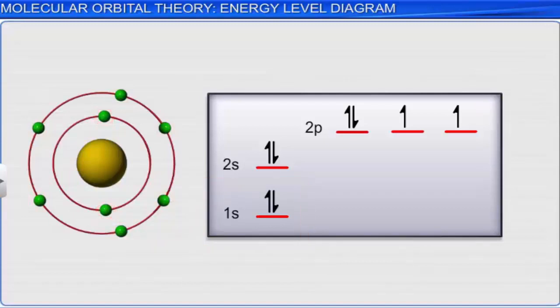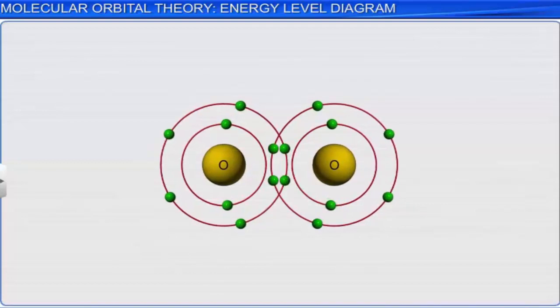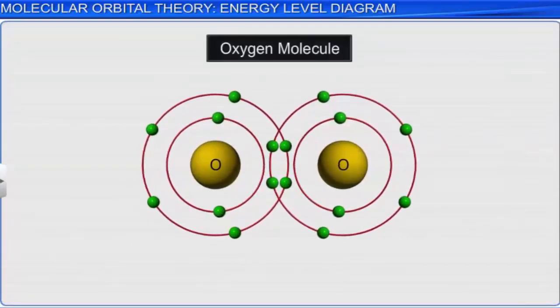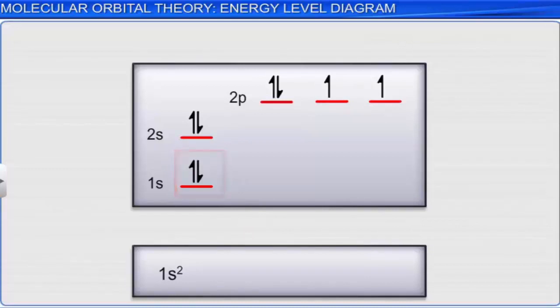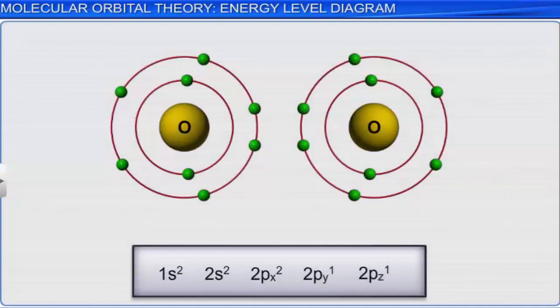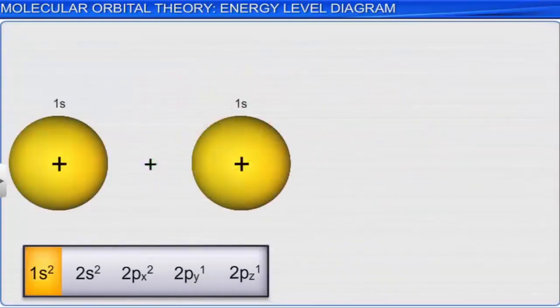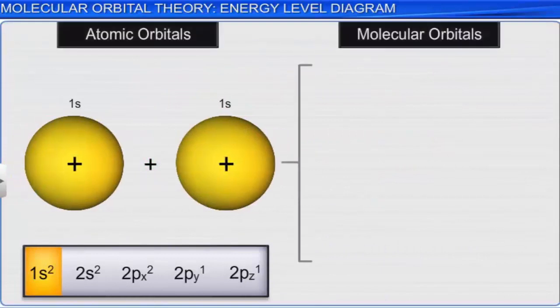Now let's study the molecular orbitals formed in an oxygen diatomic molecule. Oxygen has the atomic configuration 1s2, 2s2, 2px2, 2py1, 2pz1. When 2 oxygen atoms come together, their 1s2 atomic orbitals combine to form 2 molecular orbitals.